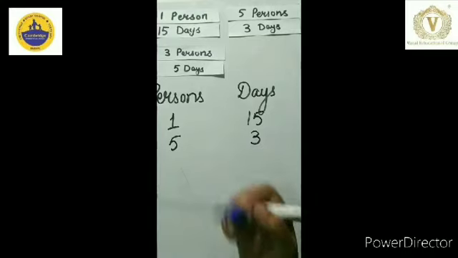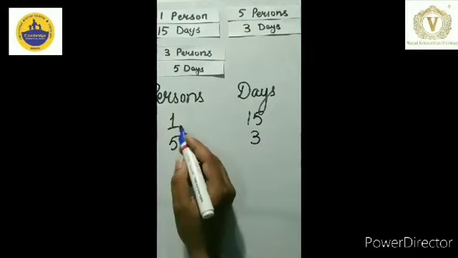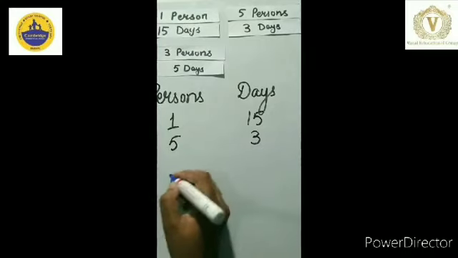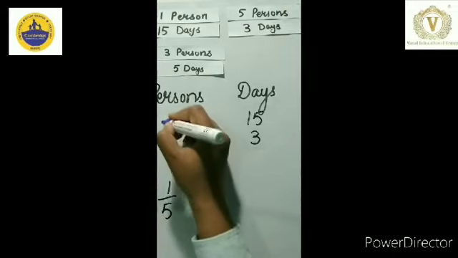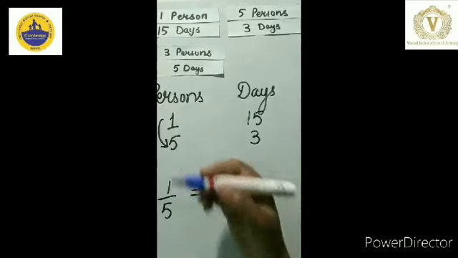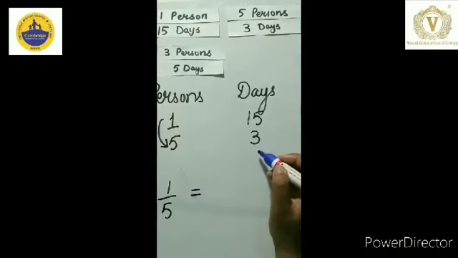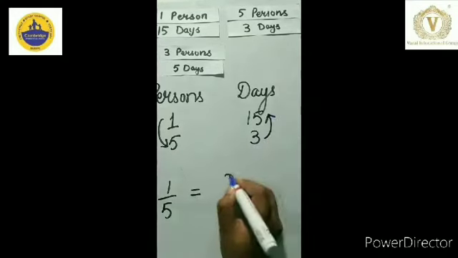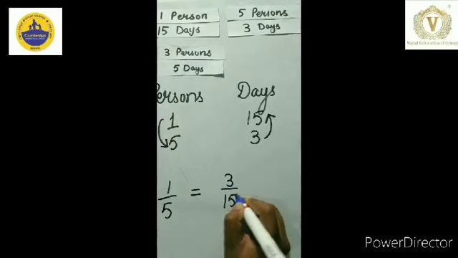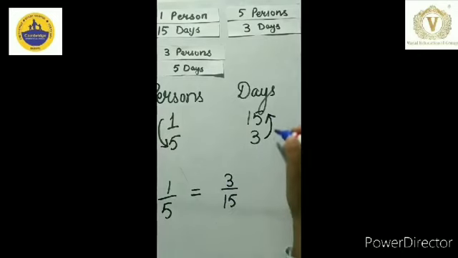So how do we equate these? Ratio of number of persons, that is 1/5. This is equal to... the number of persons is increasing, the days are decreasing. So we have understood that this is a question of inverse. So in that case, 1/5 is equal to 3/15. Remember that you have to take the inverse.